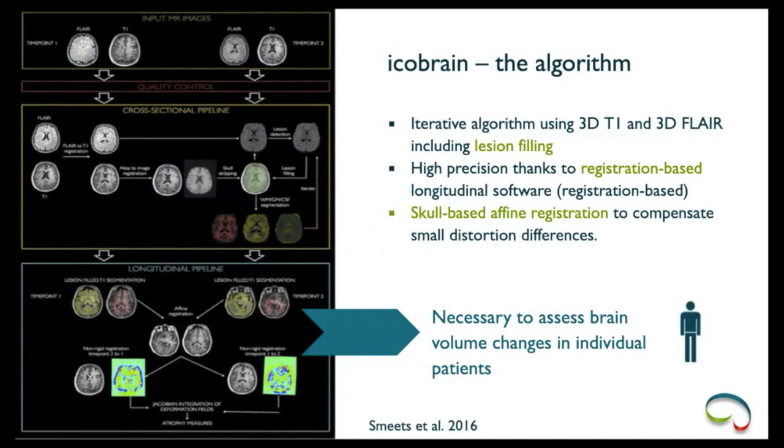Indeed, lesion filling improves the accuracy of the segmentations and hence also of the atrophy measurements. And the registration-based technique, which is a longitudinal technique, gives a higher precision. It means a higher reproducibility compared to the segmentation-based methods only.